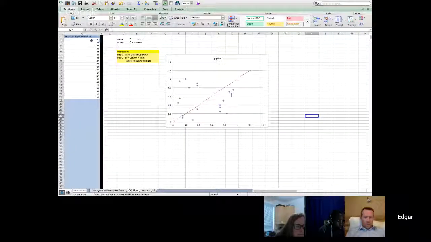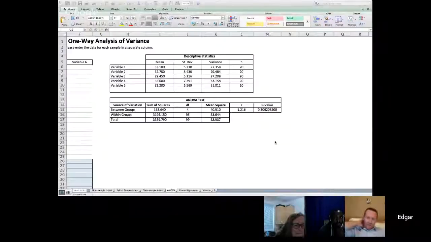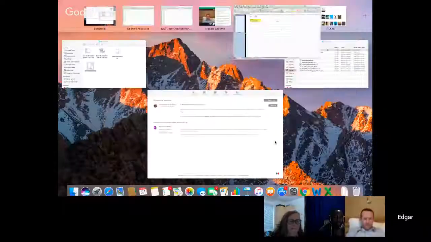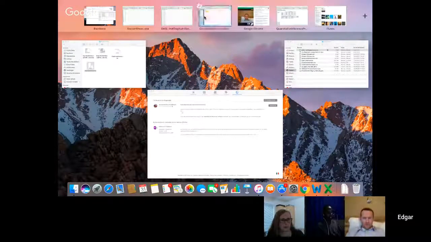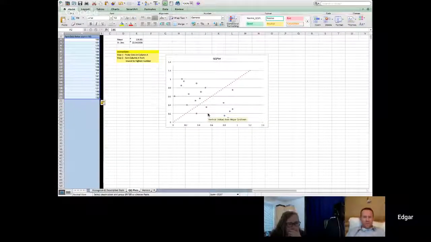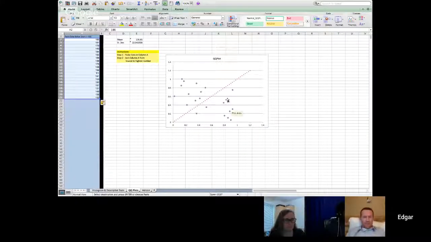Calories. Do we do beef as number 1? Yes, beef calories. And my QQ plot is not normal, but I don't know if I'm right.